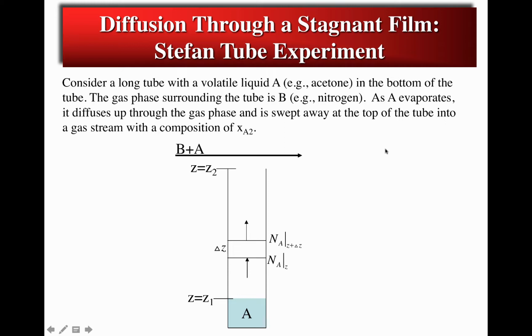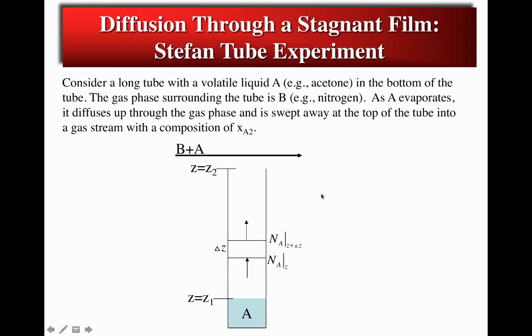It turns out that this is a very convenient way to actually measure the diffusion coefficients of component A in gas B, and we'll show how that falls out of the analysis. And in fact, this sort of a device has been used for that purpose.